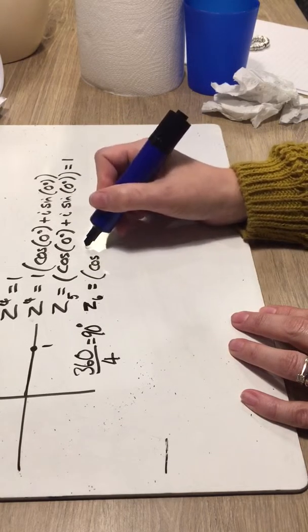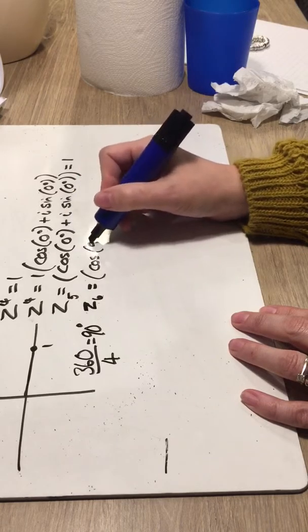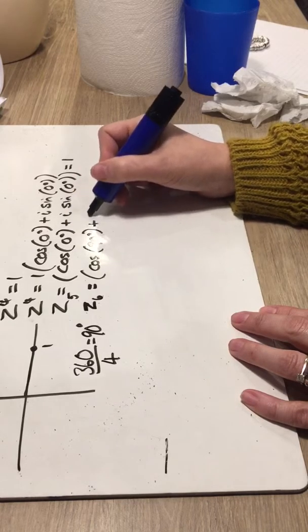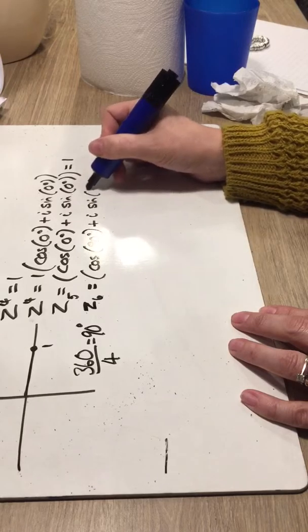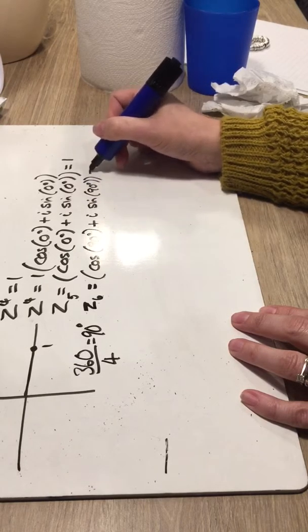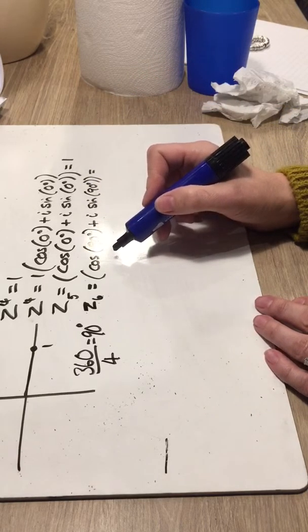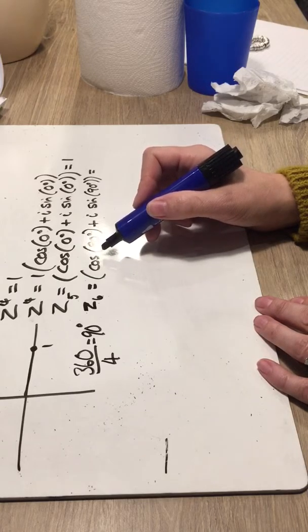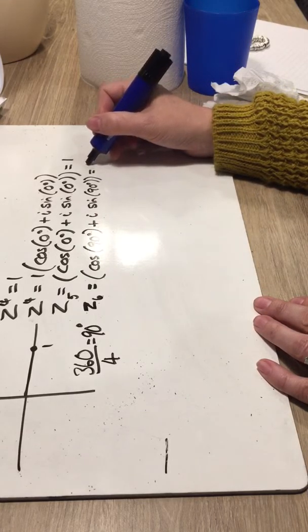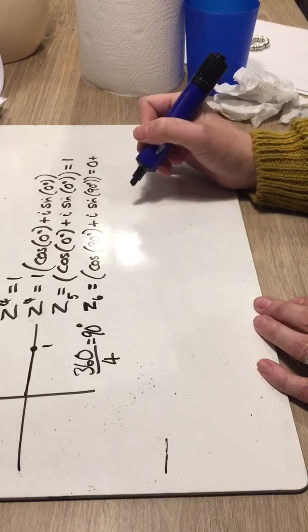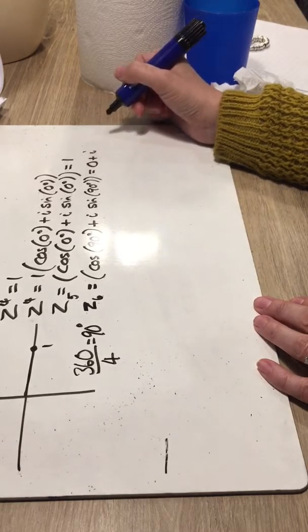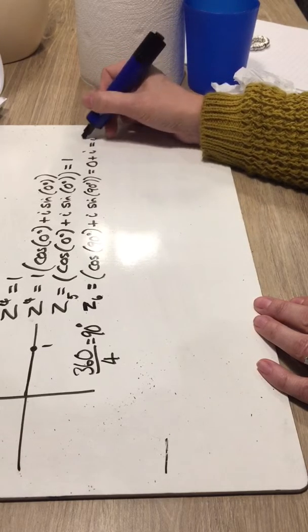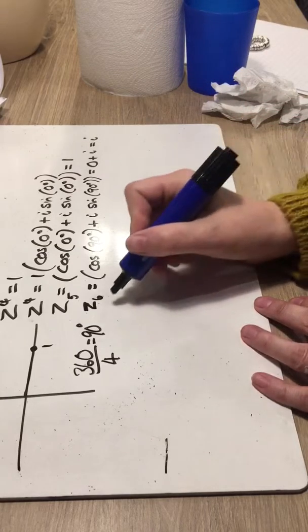So cos of 0 plus 90 is 90 degrees plus i sine 90 degrees. And then I'm just working out what that is. Now cos of 90 we know is 0 and sine 90 is 1, so that's just going to be plus i, so i is a solution.